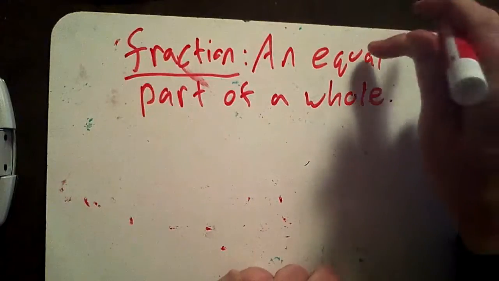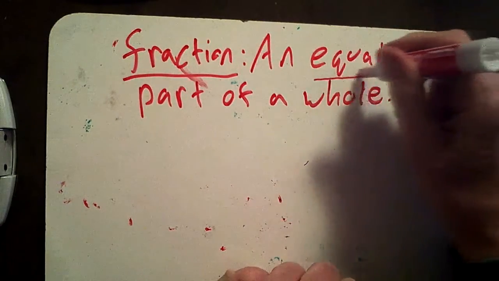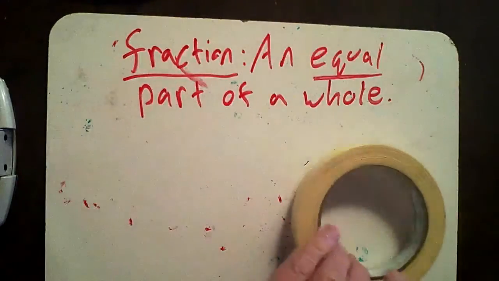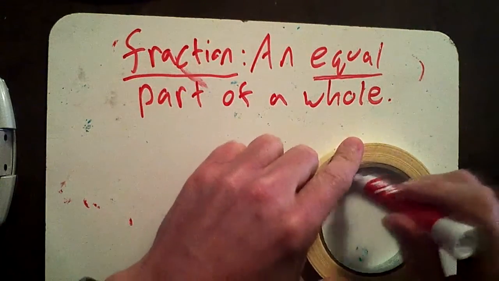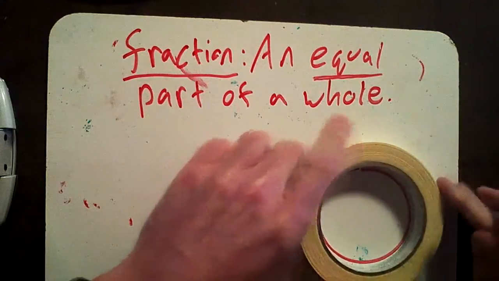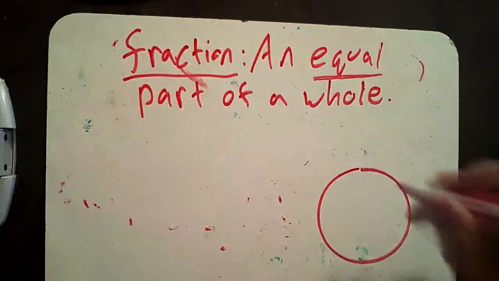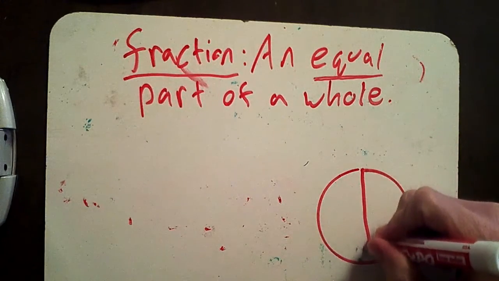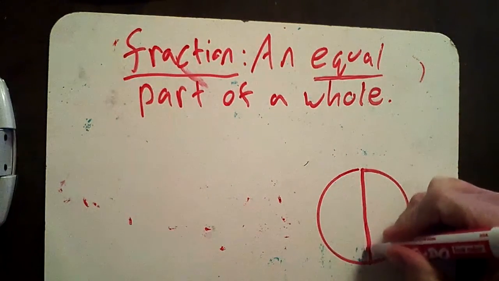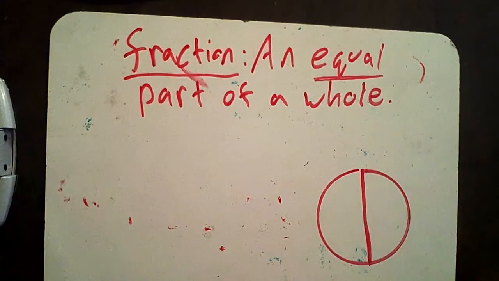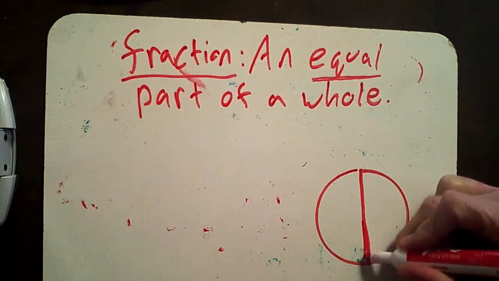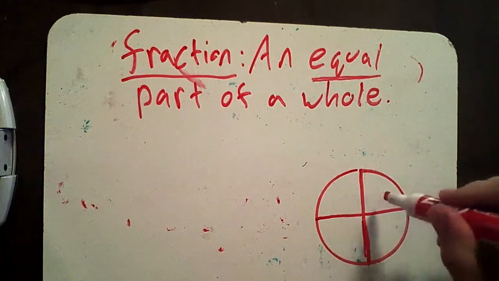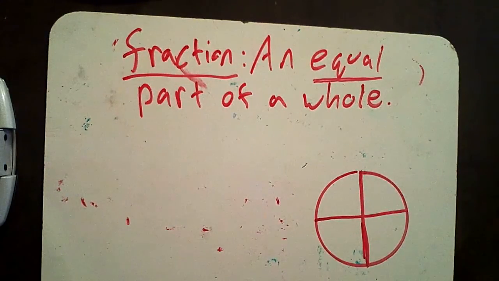It's really important that you pay attention to this, equal. So for example, if I make a circle like that, and then I split it right down the middle, we'll use our imagination. And I split it like this. We can see 1, 2, 3, 4 parts, right?